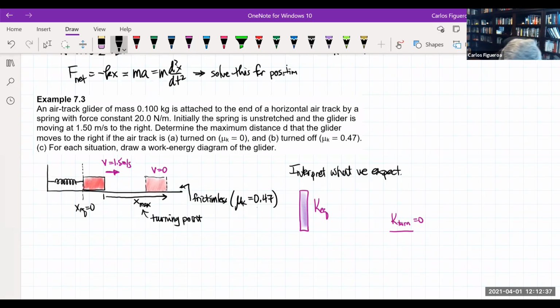So what do I mean by that? Well, I know that there's work done by the spring. And as this thing is moving, I know the displacement is in that direction, and there's a spring force going like this, but at the same time there has to be the work of friction now.